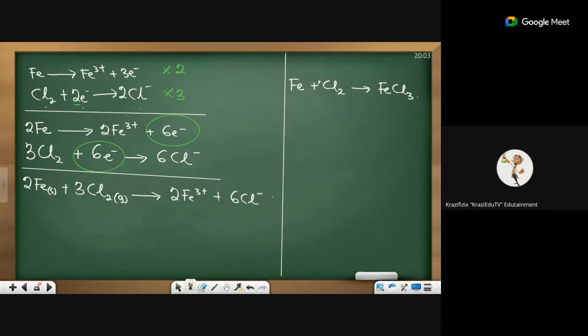I'll put a 2 here. I have to put a 3 in grade 10. 3 times 2 would give us 6. I need to have 6 there as well. So I'll put a 2 here. That's not balanced now. My iron is now 2 on the right-hand side. I need to put a 2 here. Now it's balanced. Check your equation. Check what you have.